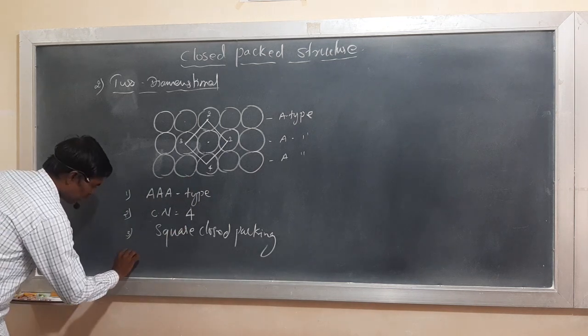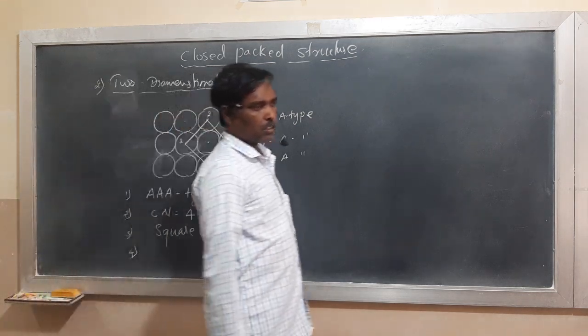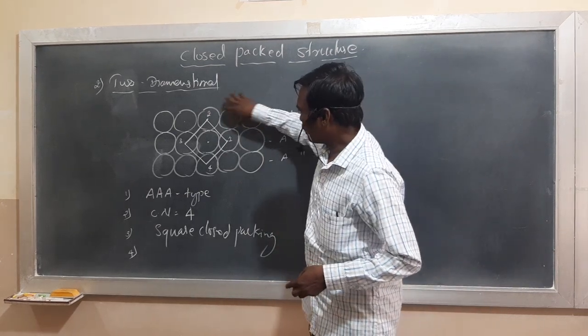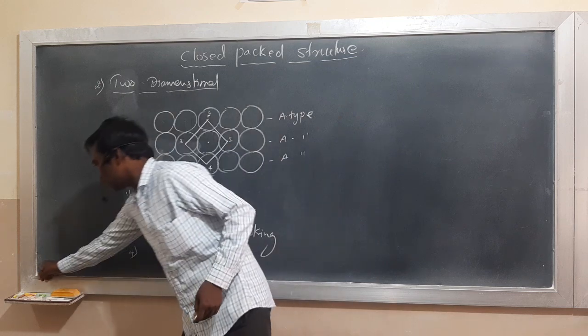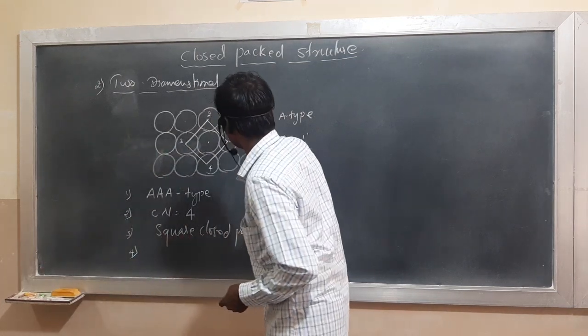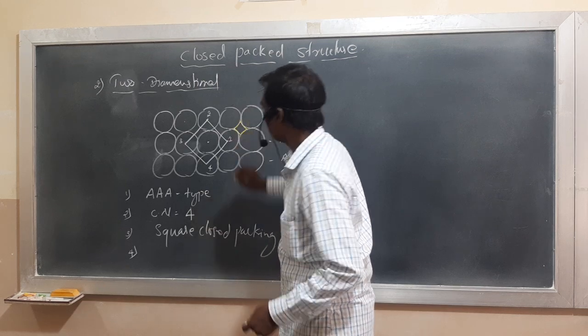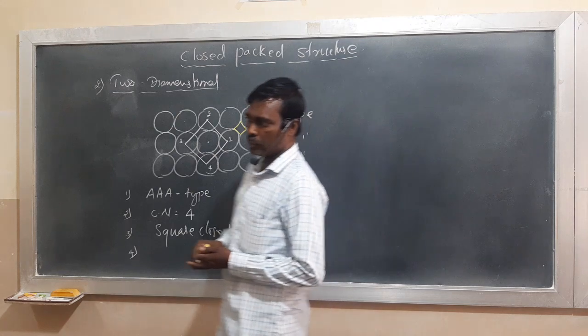Another point I am adding here is that there is some empty space present between these arrangements of the atoms. These atoms are closely packed, but there is some empty space. Let me highlight that empty space here. This is the empty space where no atoms are present. Those empty spaces we call voids.